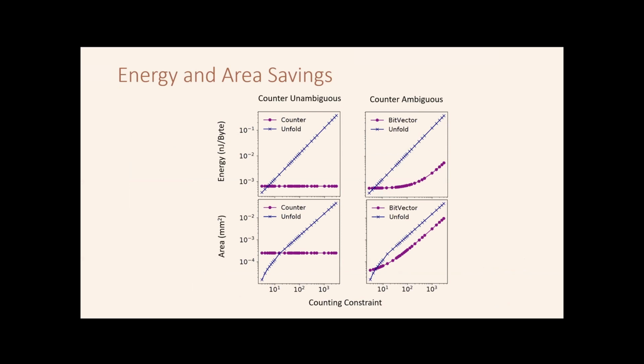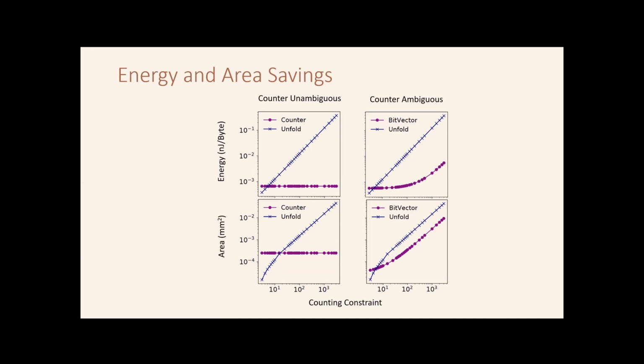In these expressions, since the expression is counter unambiguous, we can use a single counter to represent the particular value. And when we do this, since only a counter is required, the area or the energy is constant. However, if we did use the unfolding technique, we would use linearly as much area or energy.